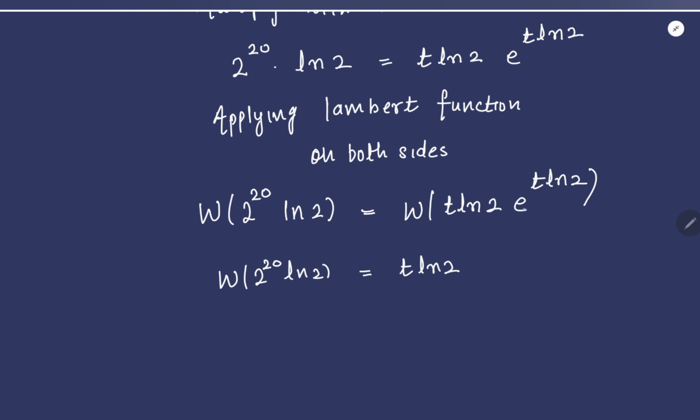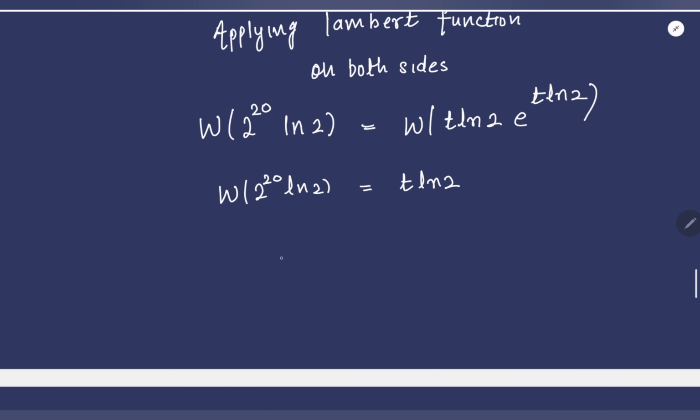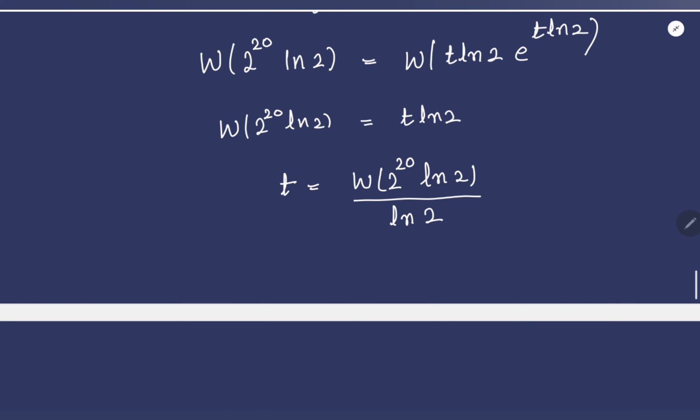W of a e raised to power a is a, right? So here now we have t is equal to W of 2 raised to power 20 ln 2 by ln 2, right? But we don't need to find the value of t, we need to find the value of x.